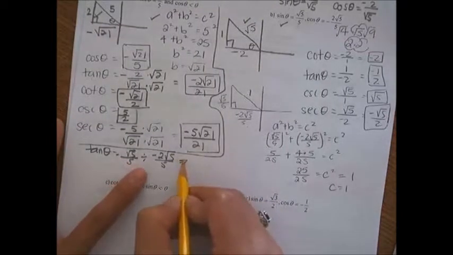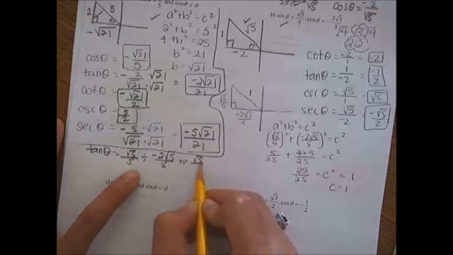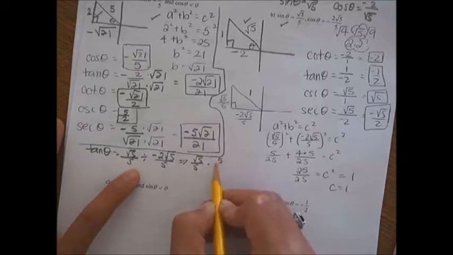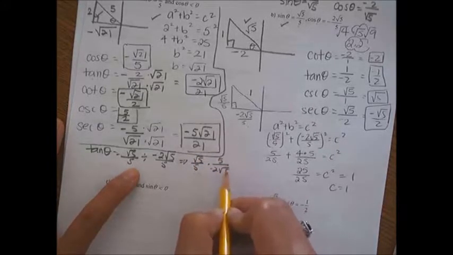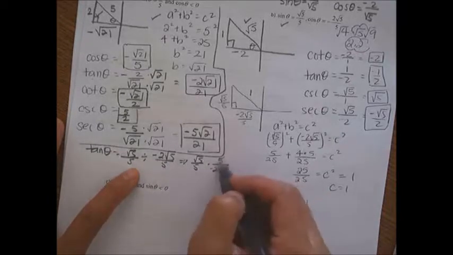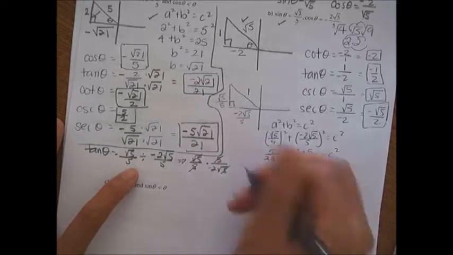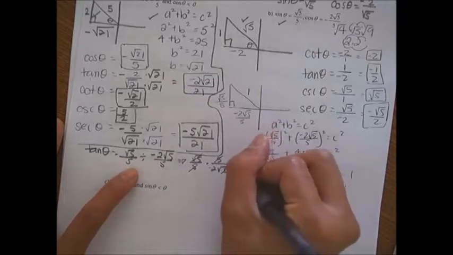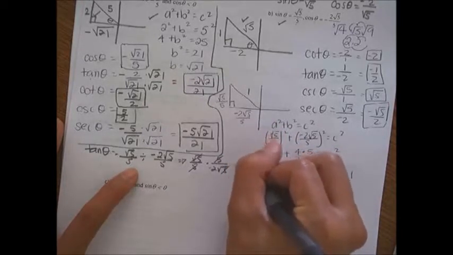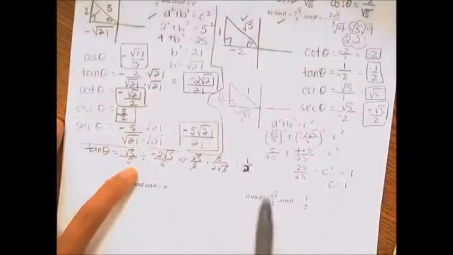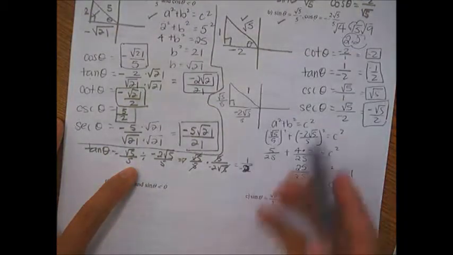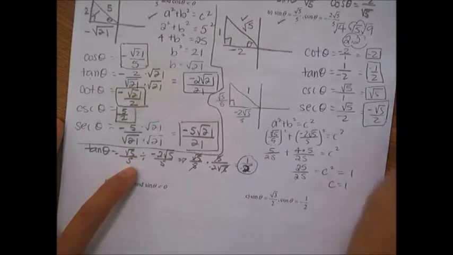If I simplify this, I would have rad 5 over 5 times its reciprocal. Notice how the rad 5 and rad 5 will cancel. I'm going to end up with a 1 on the top and a negative 2 on the bottom.